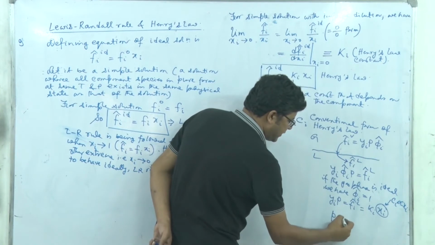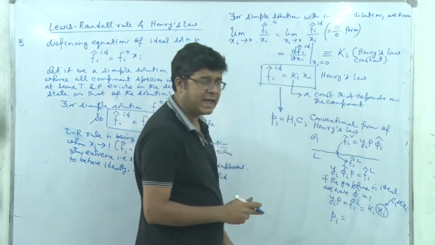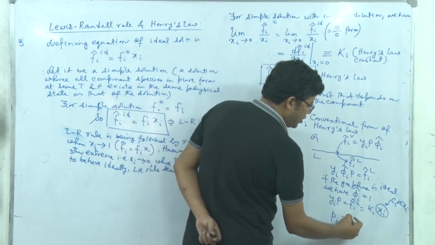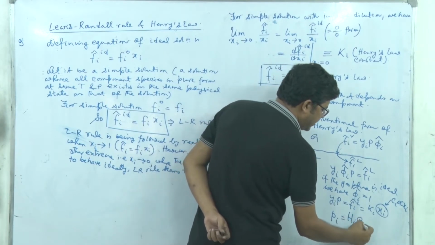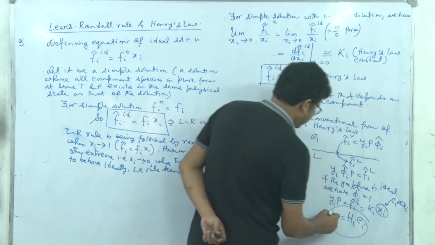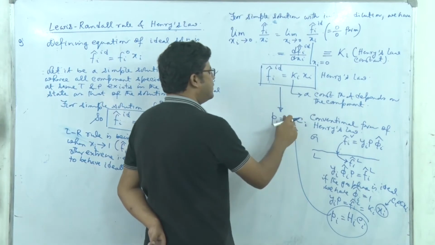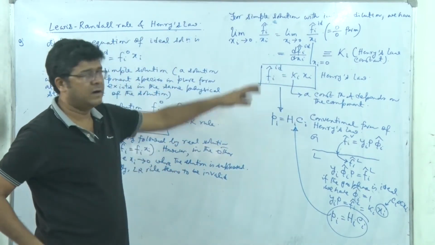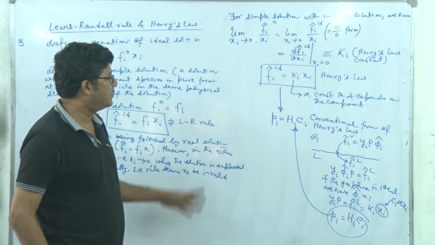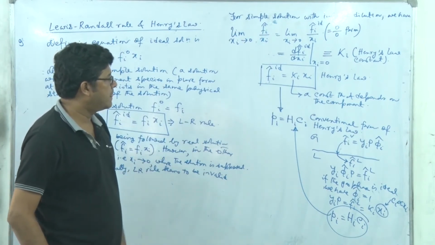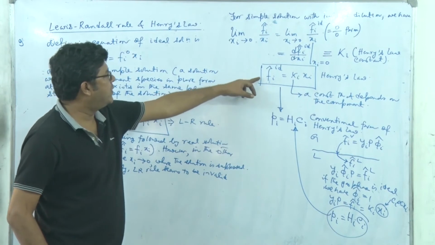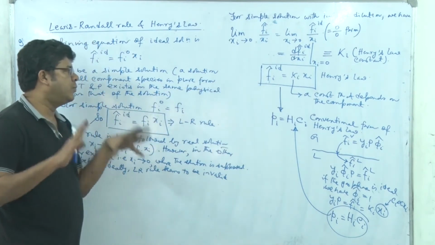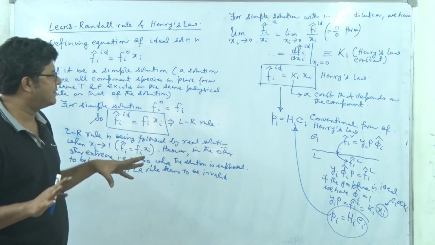So the partial pressure of the component in the gas phase must be equal to some constant into Ci. So this is the tally between this form and the form of Henry's law we are proposing here from thermodynamics, right? So this is Henry's law, this is the Lewis-Randall rule. Both are applicable for the ideal state.